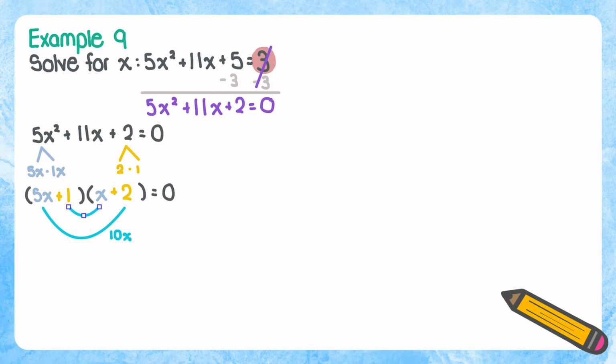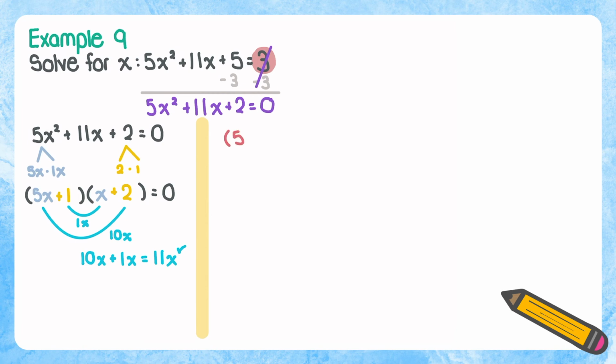And then the inner terms, 1 times x is 1x. I'm going to combine like terms. So 10x plus 1x equals 11x. And indeed, this is the middle term we're looking for. So I know I factored correctly, and now I can use the zero product property to solve for x.